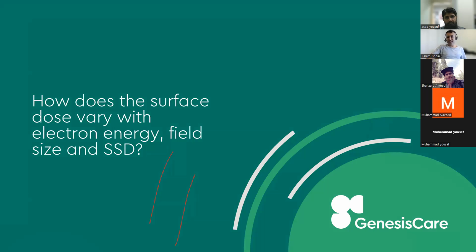This question, I think if you have read Khan's book, he has described very well the change of the surface dose along with your SSD and the field sizes.